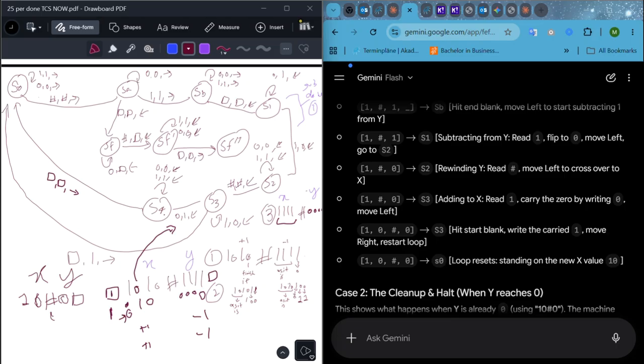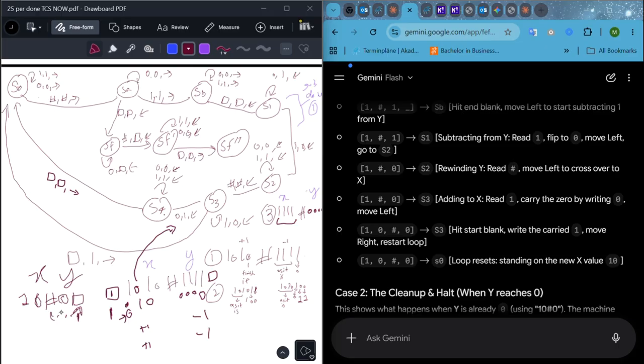It reads a 1, it makes it a 1, but now it saw no ones. It only keeps reading 0, 0, 0, and when it went one step right, it didn't find a 1. If it found a 1, then this loop would have been started again. But no, it didn't find a 1. It found a hash, a blank symbol. And because it found a blank symbol, this will run now.